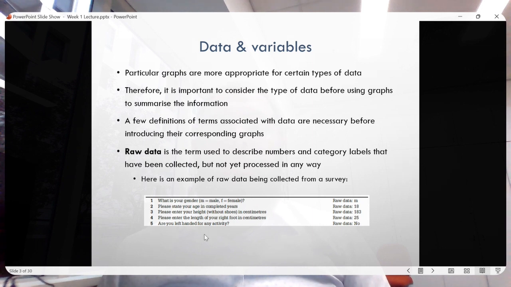For example, looking at this survey document, if we asked different questions and have just written the answers like M or 18 or 183 or 25, without anything mentioned with that, that means this data is just in the form of raw data, which is not presenting anything unless we label it, showing what that data is mentioning to us and what it is representing to us.